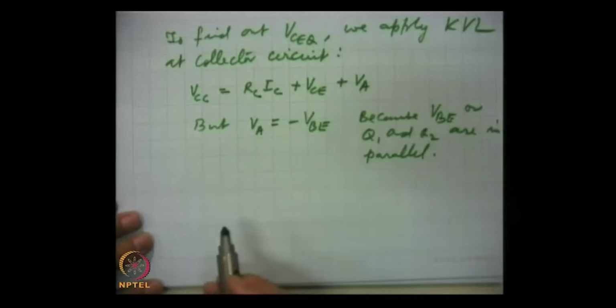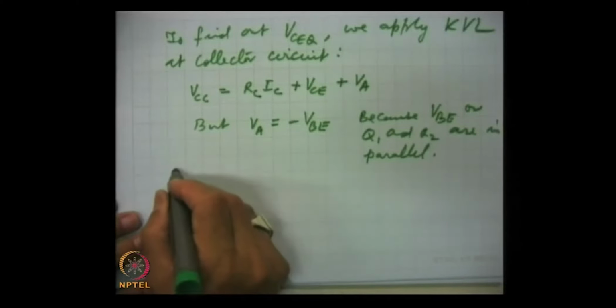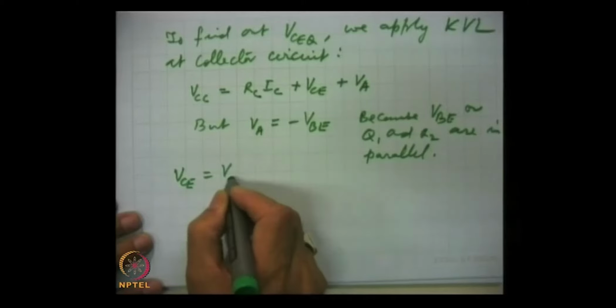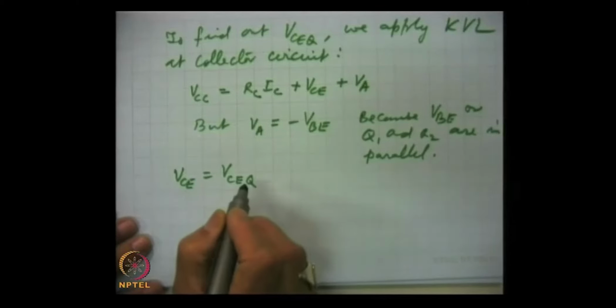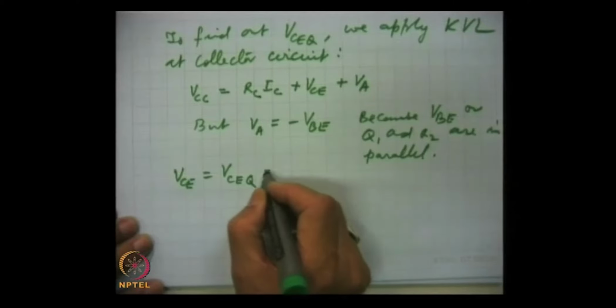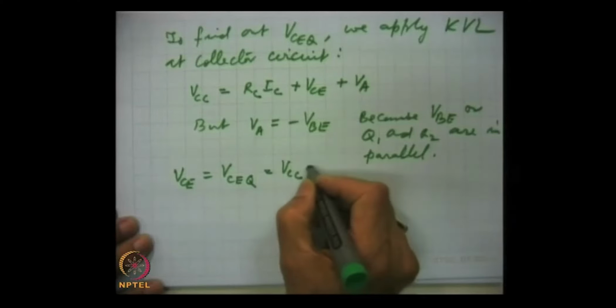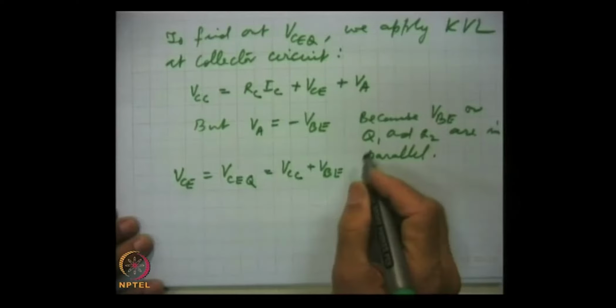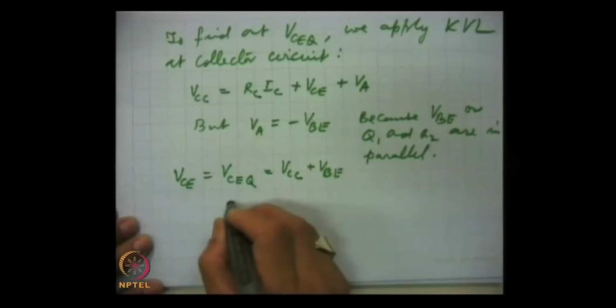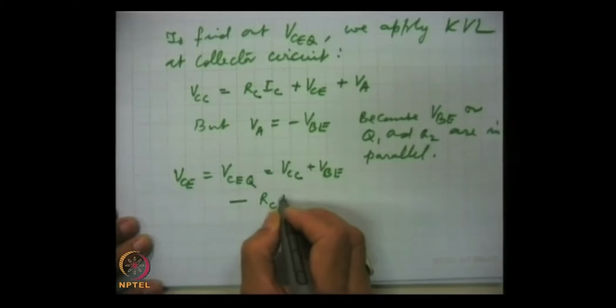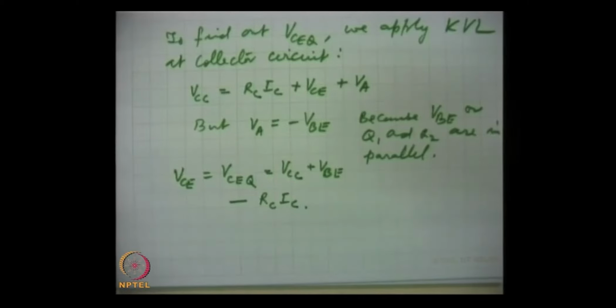So, then we substitute here and we get VCE, which is the same as VCEQ, equal to VCC plus VBE minus RC IC. This IC is the same as ICQ. Several parameters in this will be known. VCC, the battery, can normally be 5 volts or 9 volts or 12 volts.